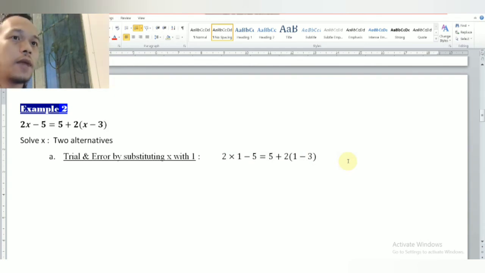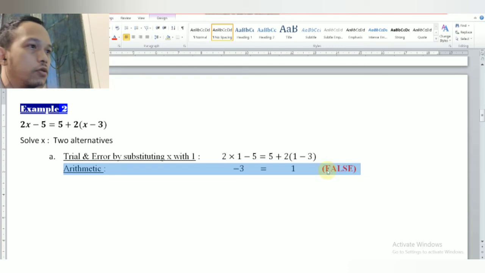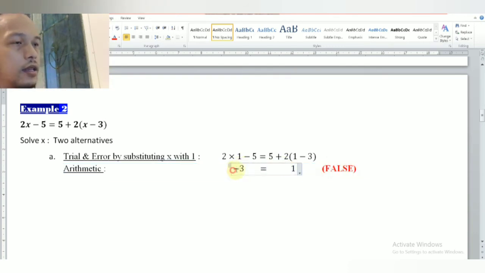Then I check whether this equation is true or false. By doing arithmetic, you can see that it is negative 1 and 1, so it's false. It means 1 is not one of the solutions for your equation.